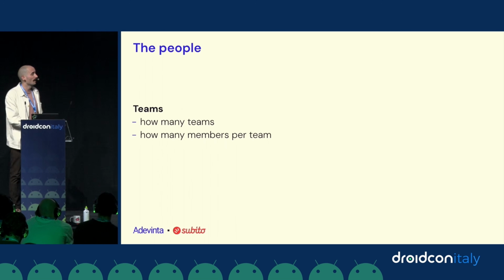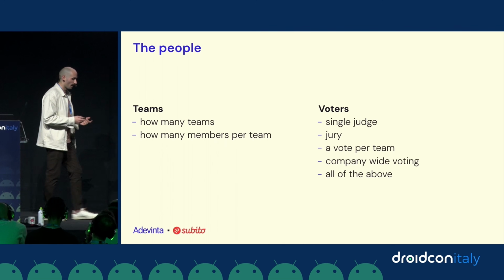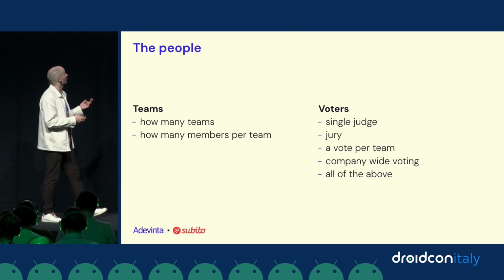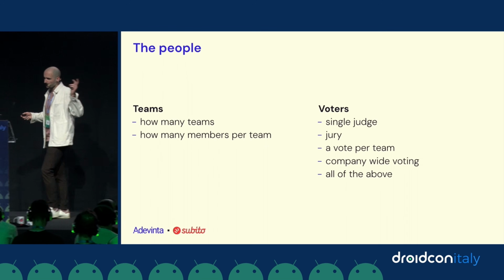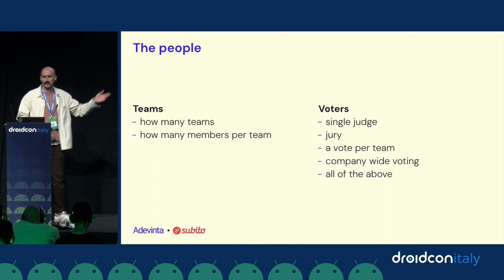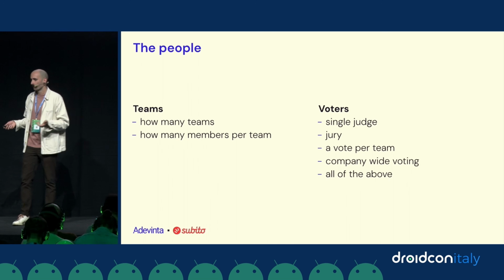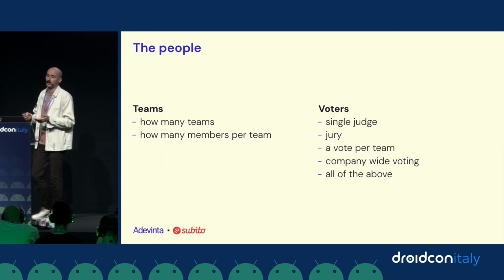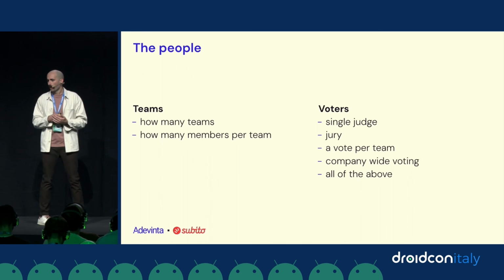Then, the other part of the people is the voters, who will judge the projects and be responsible for picking the best ones. In this case, you have many options. I have listed some of them. For example, you could have a single judge that decides for everyone. You could have a jury of a limited set of people, for example, the management and so on.